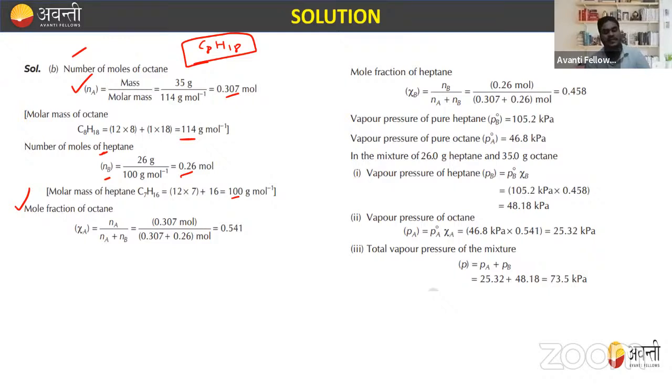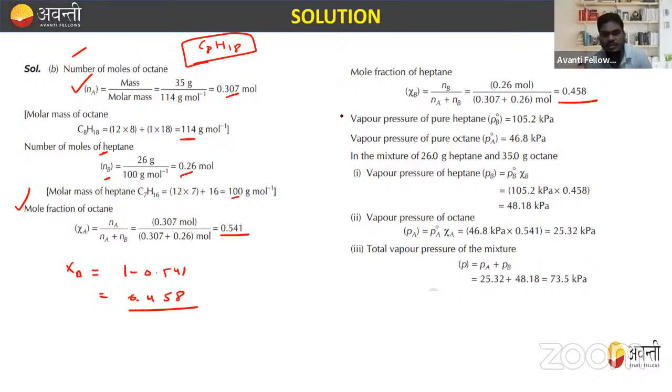Here Na is given and Na plus Nb is also given, so we can calculate the mole fraction of octane. Now, if we know the mole fraction of octane, then we also know the mole fraction of B, that is heptane. How? That is 1 minus 0.541, right? So this comes out to be 0.458. Okay, so this is the mole fraction of B.